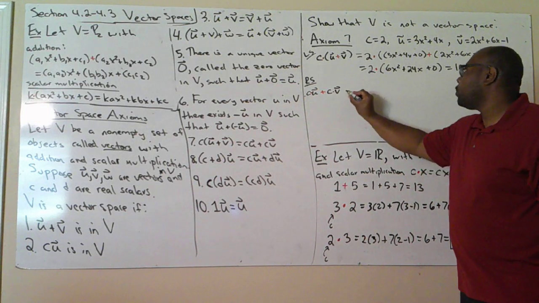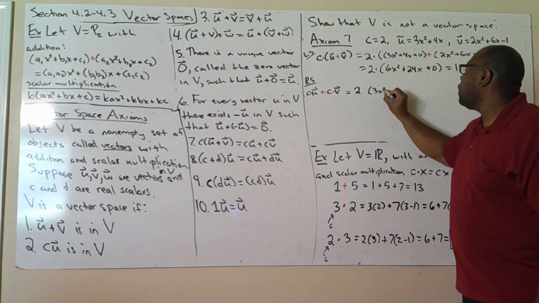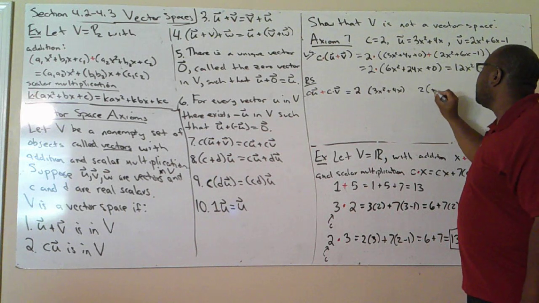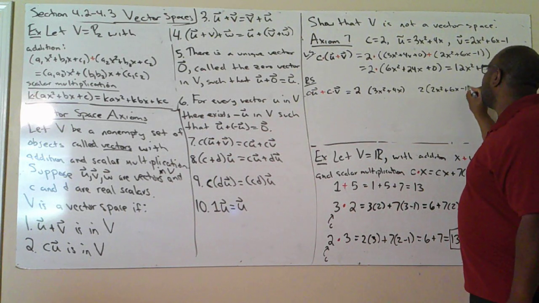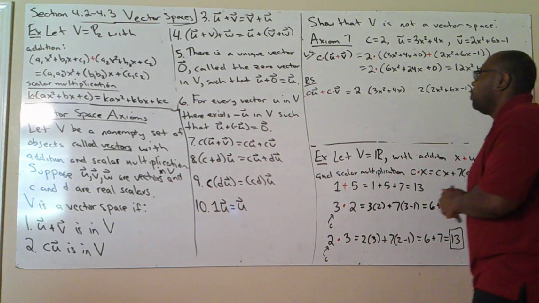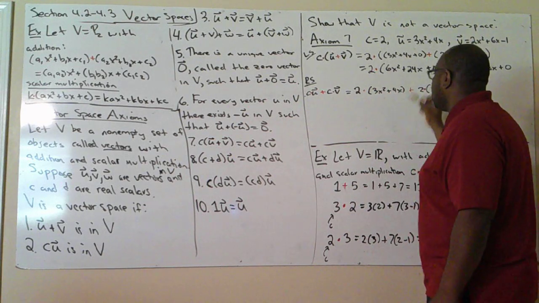So it's 2 times the quantity 3x squared plus 4x, plus 2 times the quantity 2x squared plus 6x minus 1.